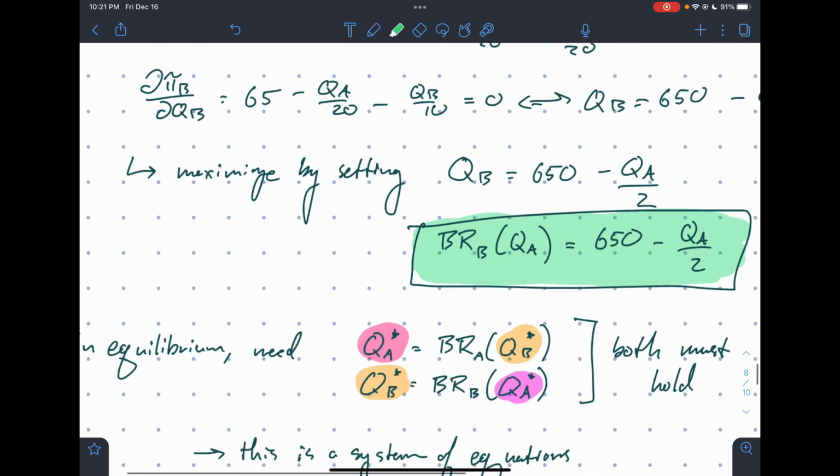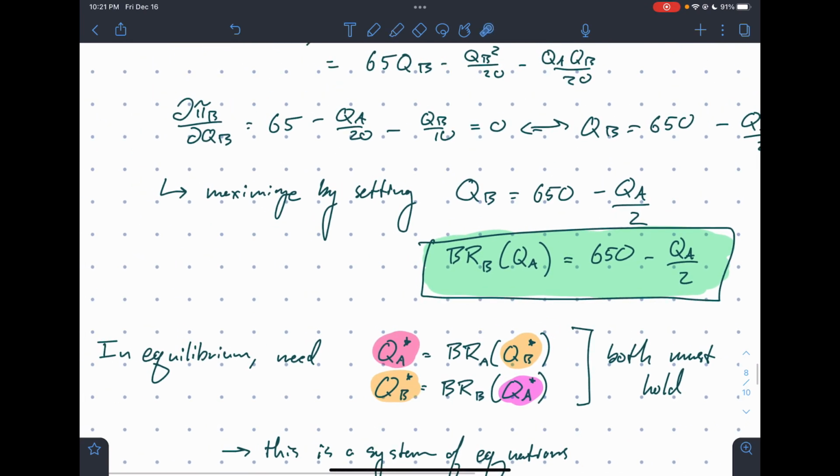Now, what we're going to do is recognize that in equilibrium, we need firms to be best responding to each other. This means that the equilibrium quantity chosen by firm A has to be their best response to the quantity chosen by firm B. Simultaneously, we need firm B's quantity to be their best response to the quantity chosen by firm A. So we need these to simultaneously hold.